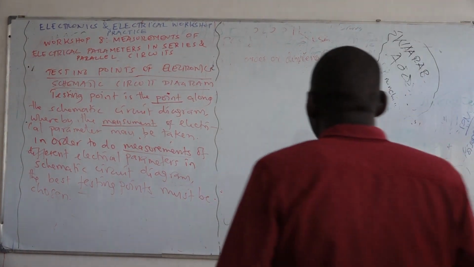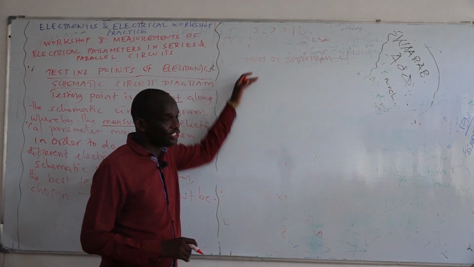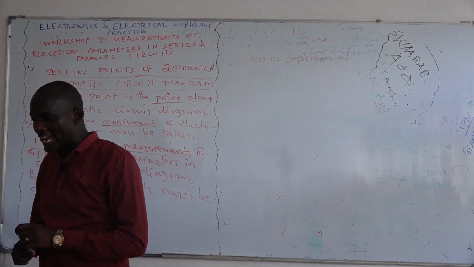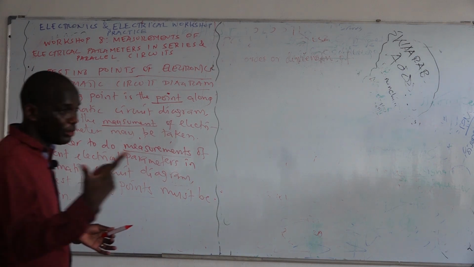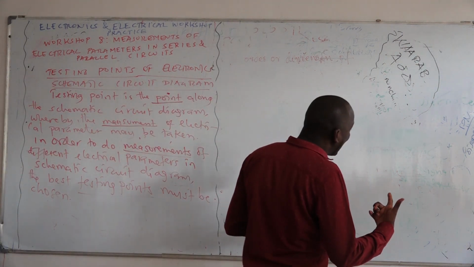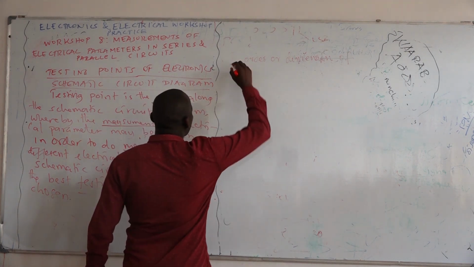Let's continue. I will draw one of the schematic circuit diagrams without the choice of the testing point, and then we'll be choosing together. Then we'll go for simulation software. Are you ready for that? Yes. Okay, let me draw a simple schematic circuit diagram.